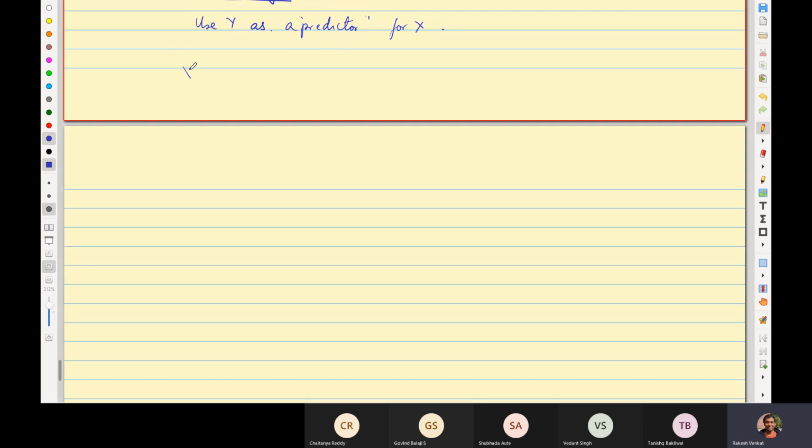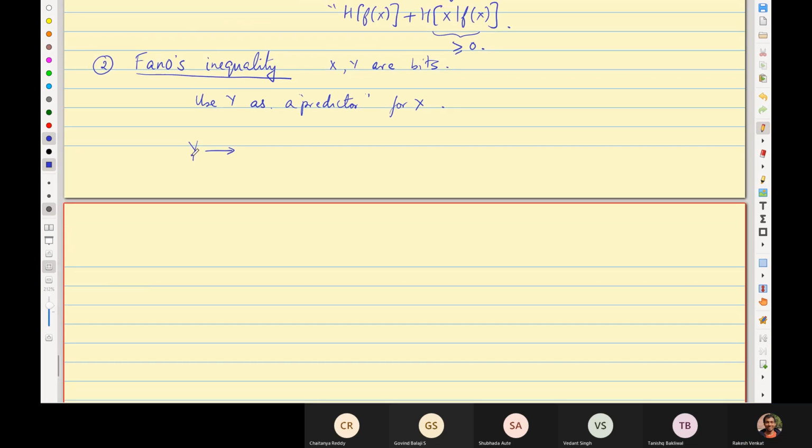So what we have is x. y is my thing, and I'm going to use it as a predictor. Basically, you're going to do some function on y, and use it to predict what x is. So this is the general idea.